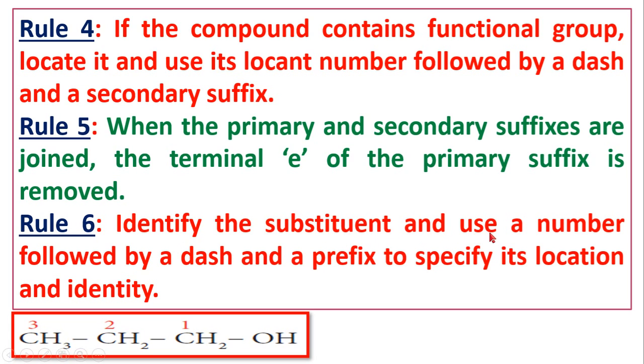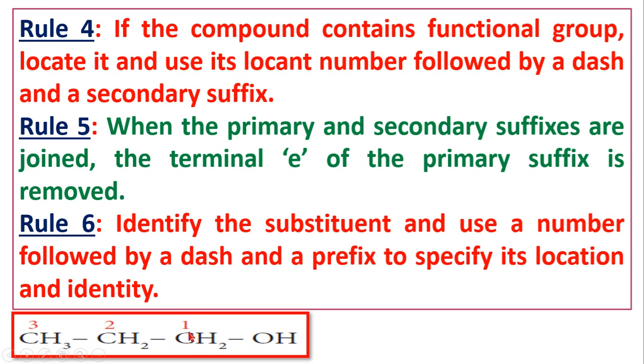What do you mean by substituent? That is a methyl group or ethyl group, and use a number followed by a dash, a prefix to specify its location and identity. For example, on the first carbon, a methyl group is present, so you have to locate the number: 1-methyl, you have to mention like that. You have to identify the substituent, methyl or ethyl or amino, chloro, bromo, anything.